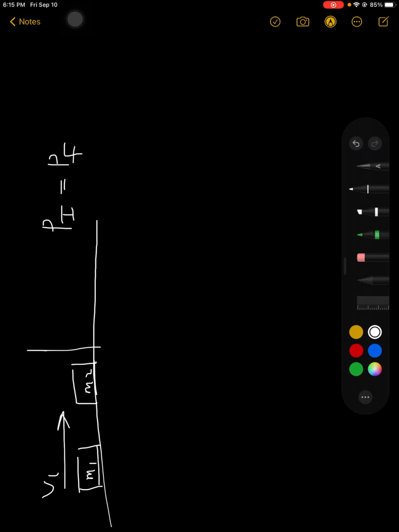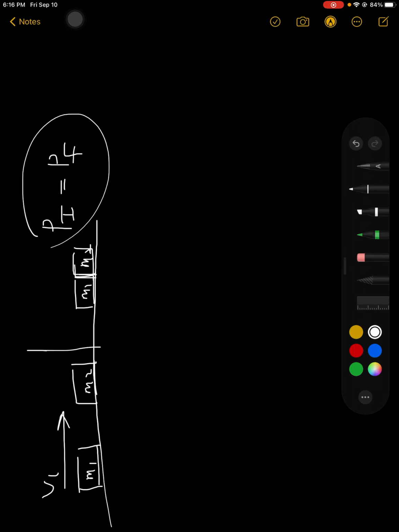After the collision, the two blocks stick together, m1 and m2 stuck together and moving with the same velocity. So let's work on this example to find the momentum before the collision and after the collision.